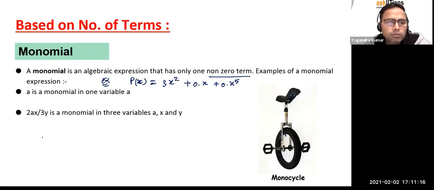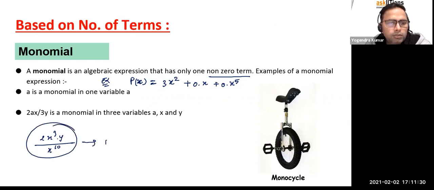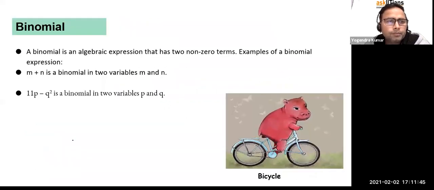By the way, if I write something like 2x power 3 into y divided by x raised to 10, like x raised to anything, this is also a monomial. Division or multiplication doesn't differentiate the terms, only plus and minus differentiate the terms. Monomial it is. I hope it is easy, it's not that difficult at all.